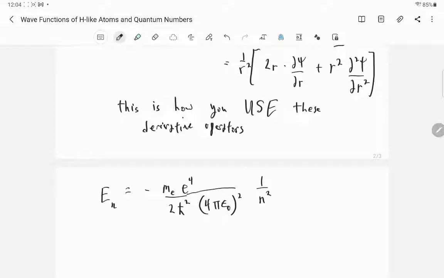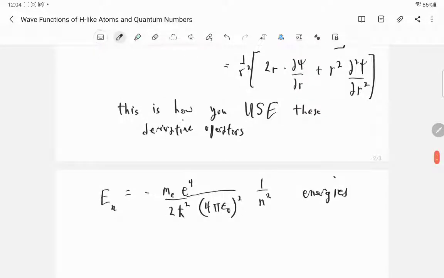So these are the energies. For example, E sub 2, you just put a 2 in for the n, so you get a 1/4. So you get minus m sub e to the 4th over 8 h bar squared, because 1 over 2 squared is a 4, and that 4 hits that 2 and makes that 8. And then separately, I've got 4 pi epsilon naught all squared on the bottom.